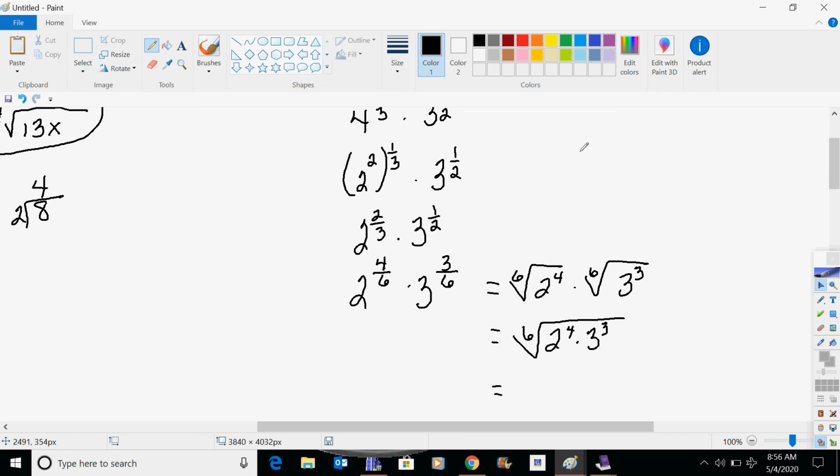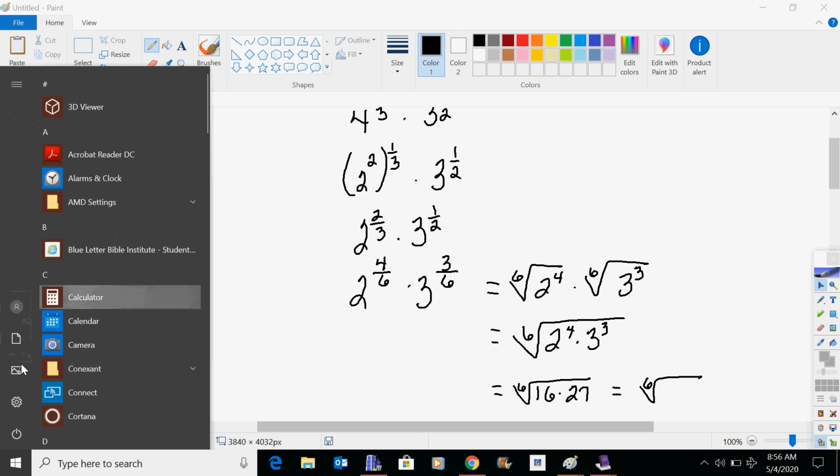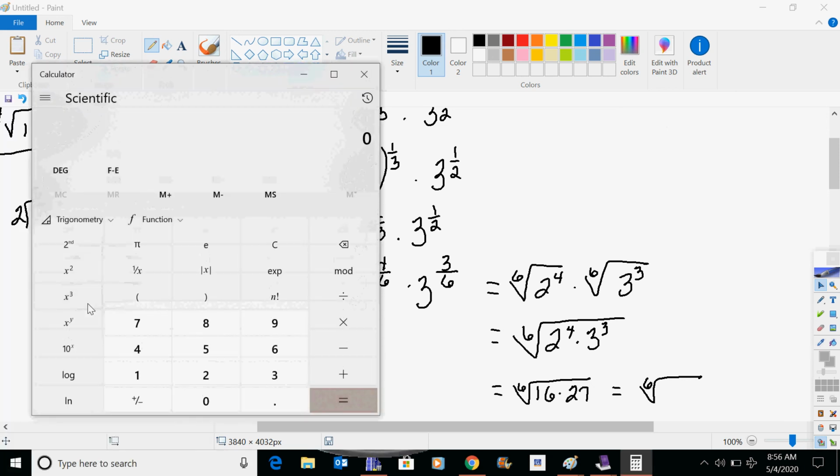If we do this out the long way, 2 times 2 is 4, times 2 is 8, times 2 is 16. This is the 6th root of 16 times 3 times 3 is 9, times 3 is 27. So we're getting the 6th root of 16 times 27. I'm going to just go right here, 16 times 27 is 432.